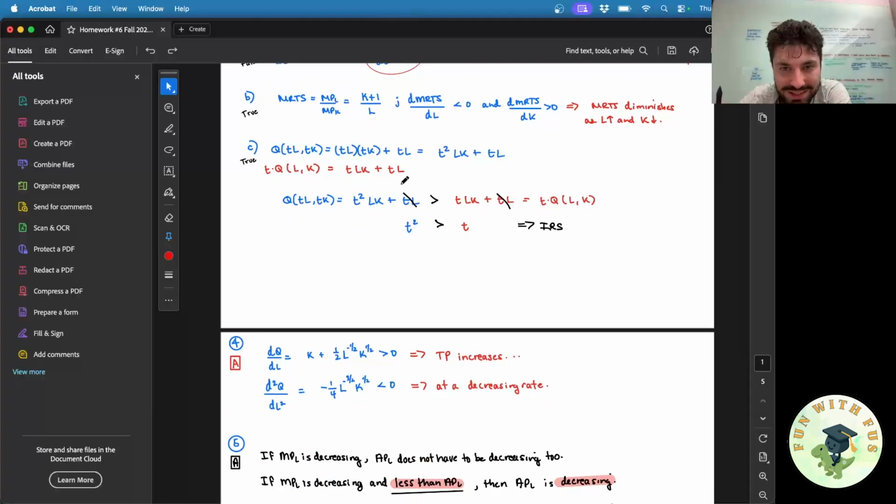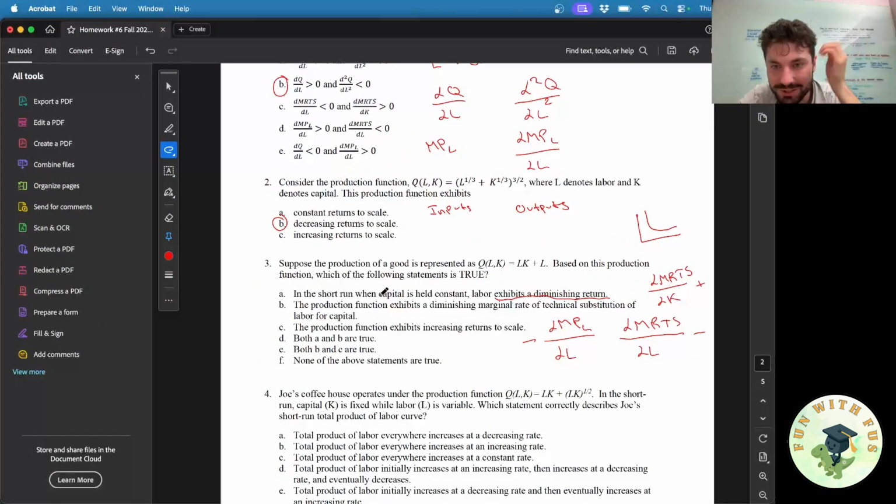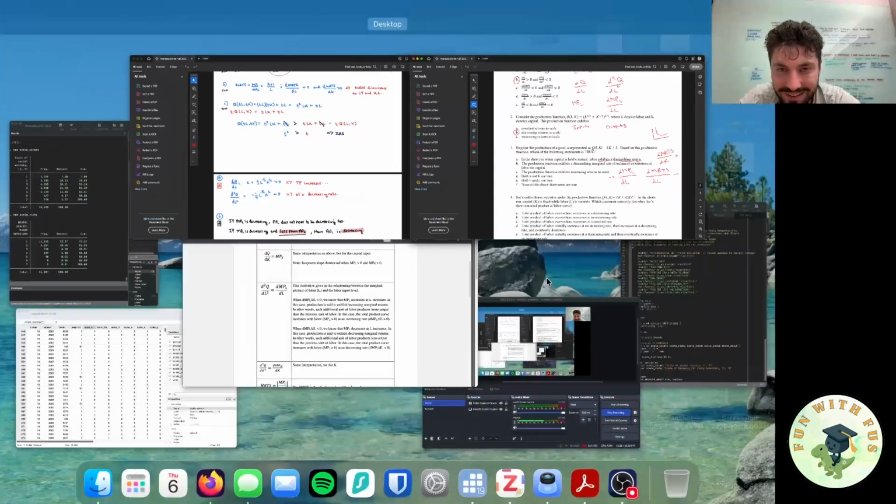what I would expect. In this case, remember how you always do these: wherever you see an L and the K, just plug in parentheses TL and parentheses TK in the original. So it'd be like TL, parentheses TK parentheses parentheses TL.